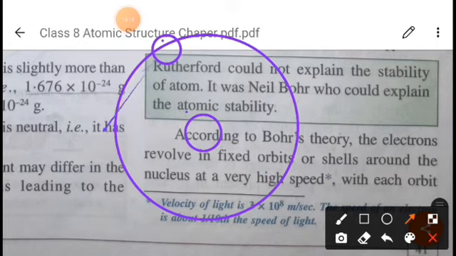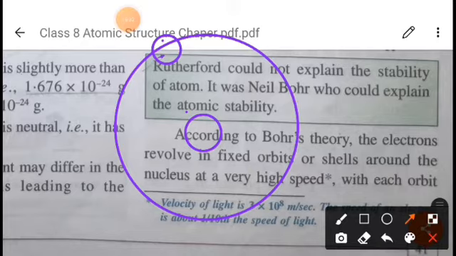As I hope you are understanding, it will move in this fixed path like this, but at the time of moving it will neither lose energy nor gain energy. Thus they maintain their position, means they will move in a fixed position.